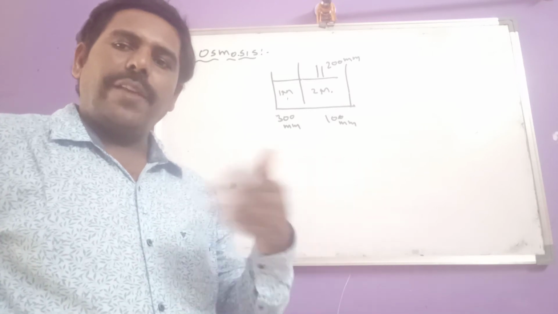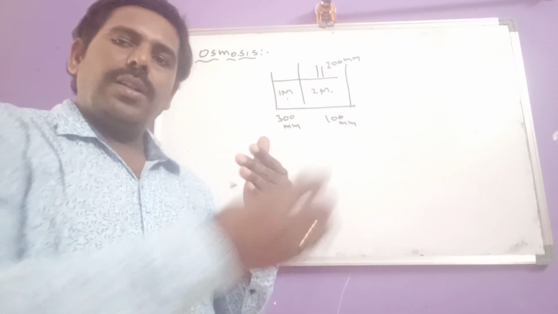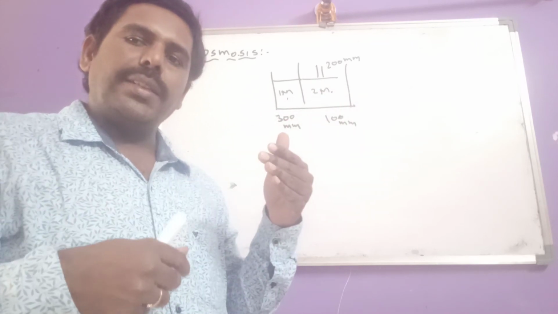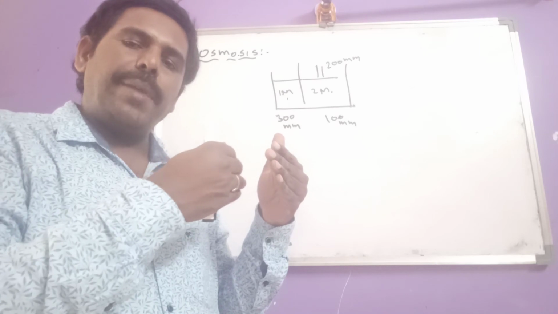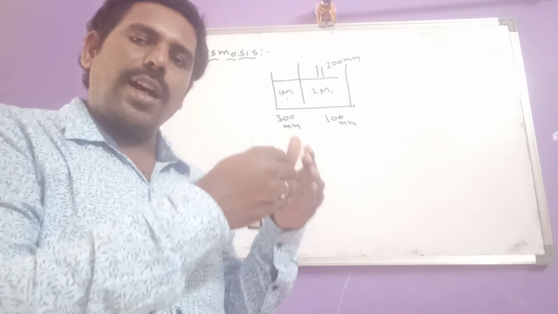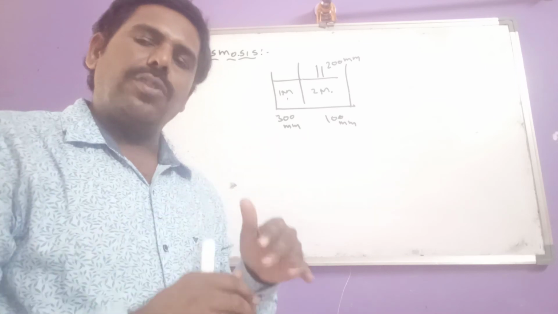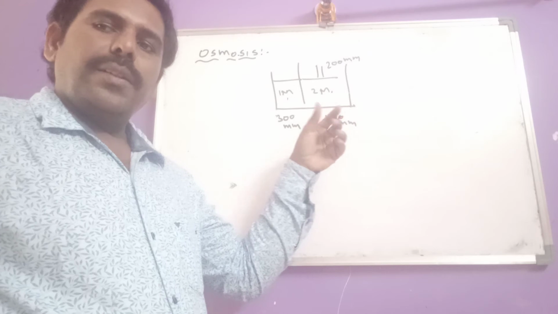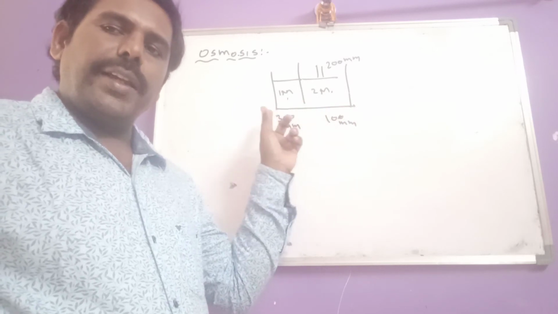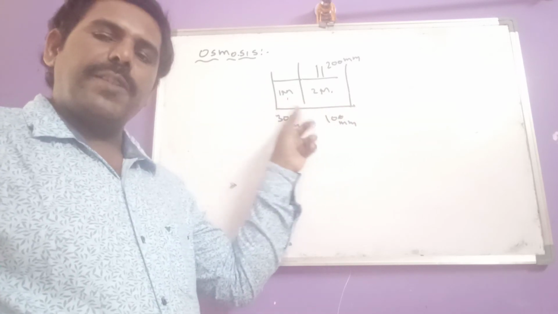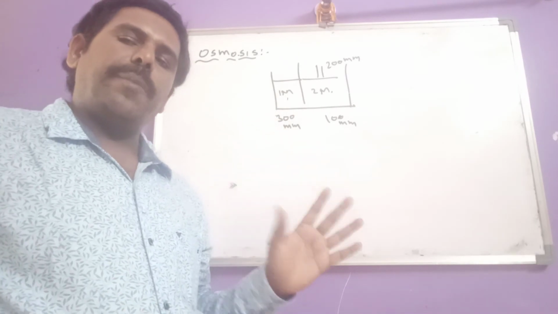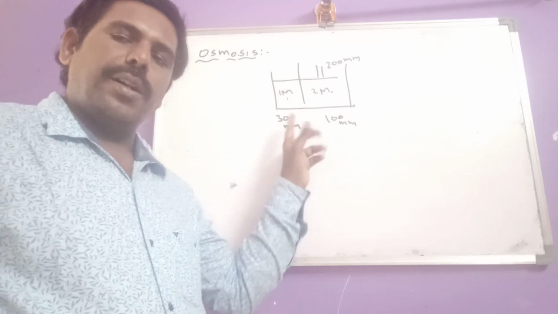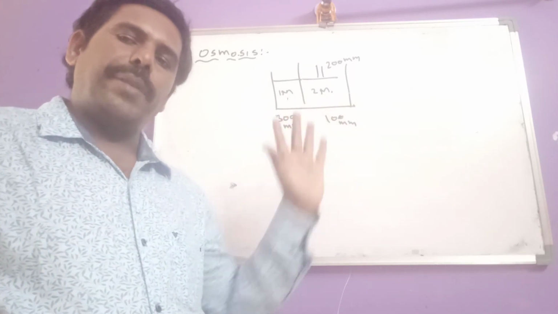For example, if it is a flexible door, and three members are pushing the door from outside, inside we have to apply the same amount of force to stop them from entering this room. Like that, the pressure required for the prevention of this osmosis process is known as osmotic pressure.